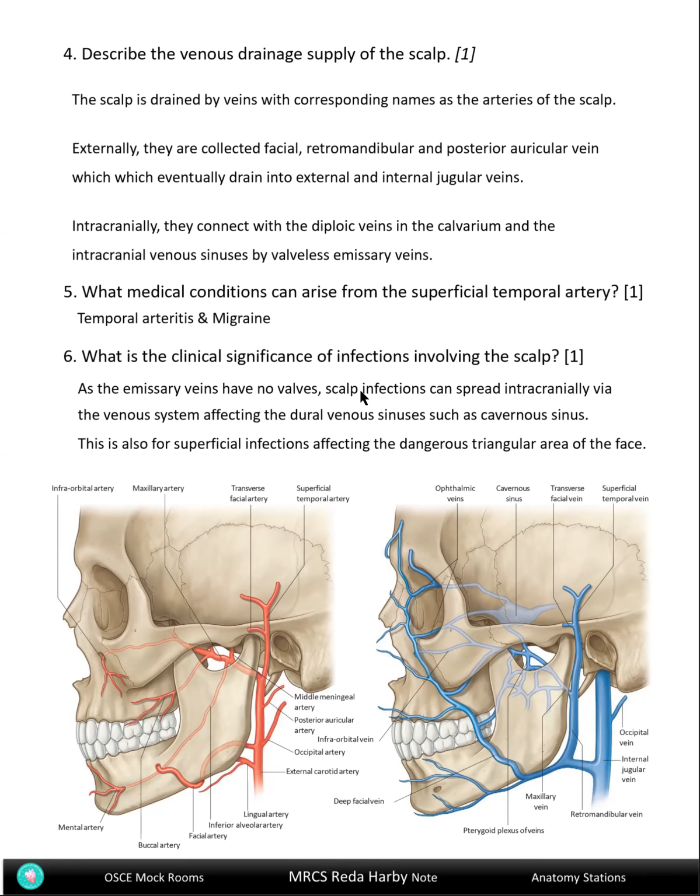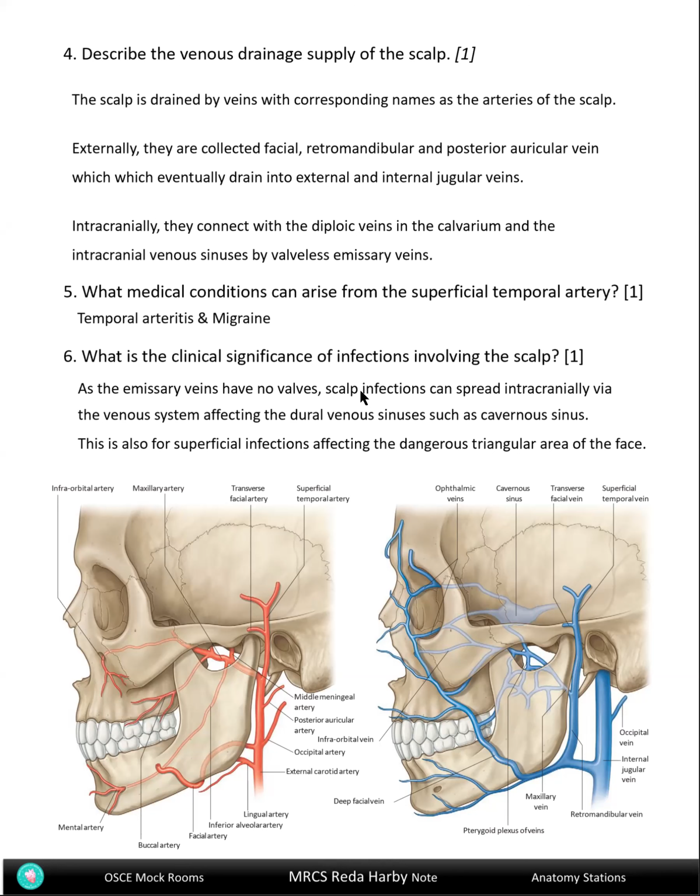And don't forget, intracranially they are connected with the diploic veins in the calvarium and the intracranial venous sinuses by valveless emissary veins. So what is the clinical significance of having such a connection?